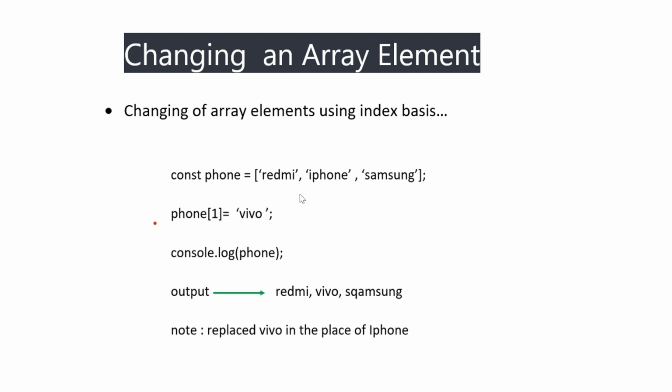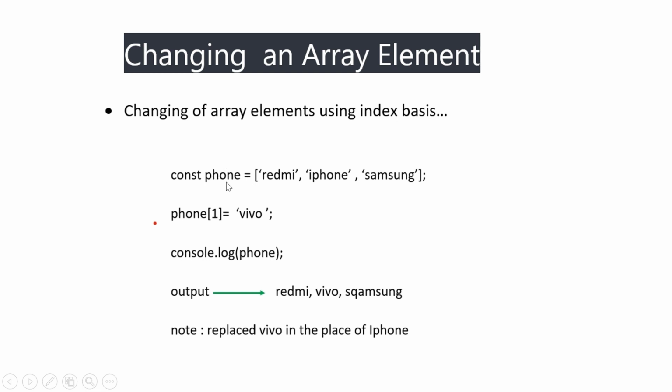Next is changing an array element. We know that accessing an array element uses index numbers, and changing an array element also happens by mentioning the index number. So this is the best scenario to show how an array element is changed.